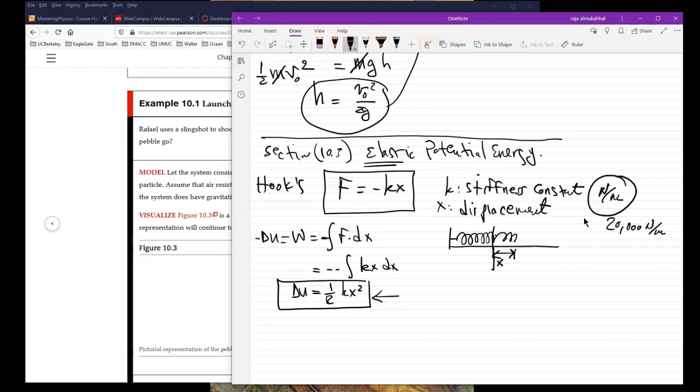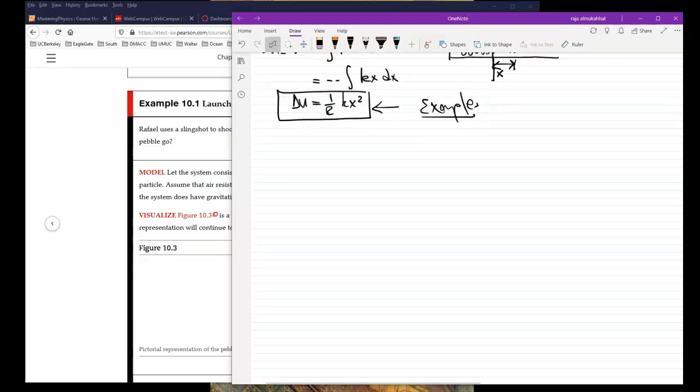It means that, let me give you an example. Let's say there is a wall, and this is a floor, and I have a spring here. Let's assume it's relaxed, not stretched at all, just sitting there.